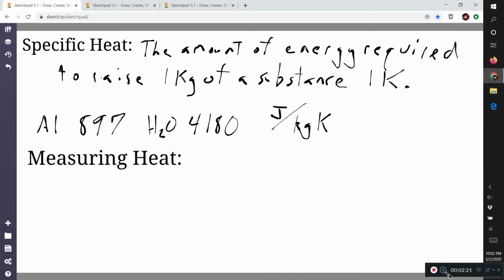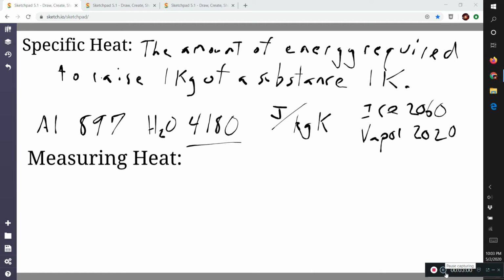Ice actually has a specific heat of 2,060, whereas water vapor, and this is kind of interesting, is 2,020. Liquid water is actually much higher than either one of those, which is kind of interesting. And that has to do with the chemical composition of water and how those, what we call hydrogen bonds, work in that particular substance.